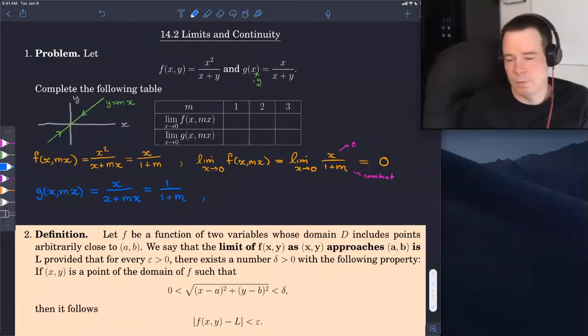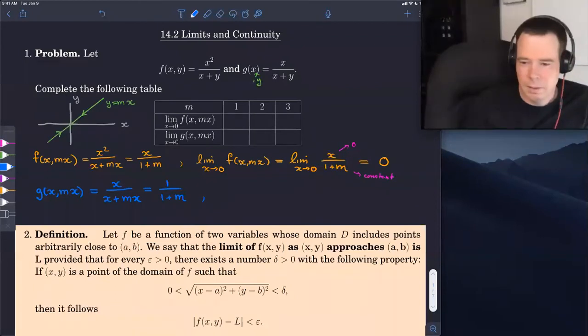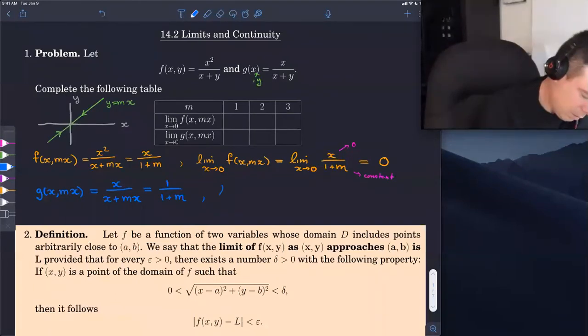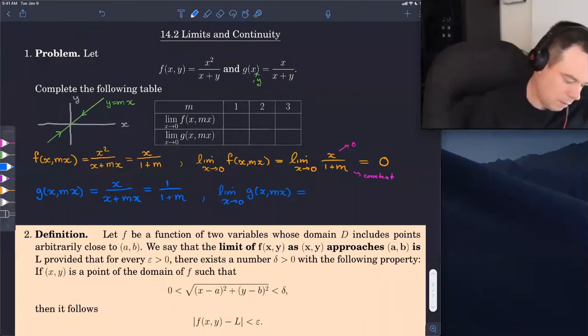So that's just simplifying by canceling out the x. And now we want to calculate the limit as x goes to 0 of this function. And what is that? Well, that's the limit as x goes to 0 of 1 over 1 plus m.